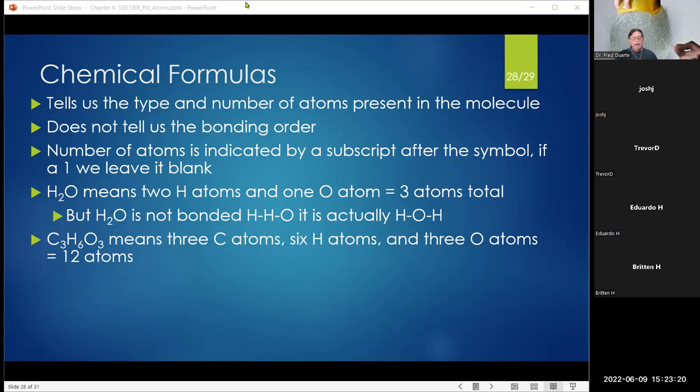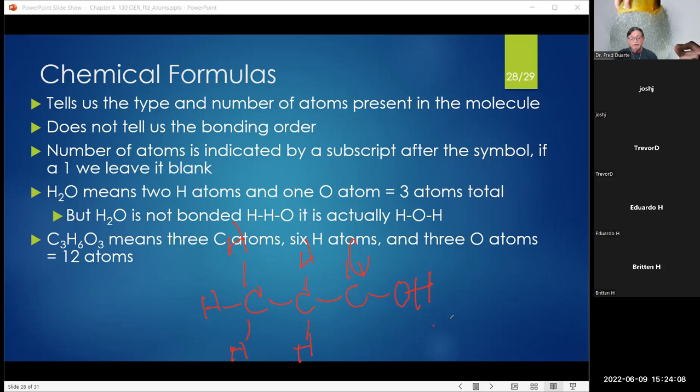Oh no, not sugar. That could be acetic acid. Which sugar would have C6H12O6, I believe. But the way it's written, it doesn't give you a specific formula. This is why I say this: if you like vinegar, this is a little bit foreign right now, but 1, 2, 3, 4, 5, 6, 2 oxygens.